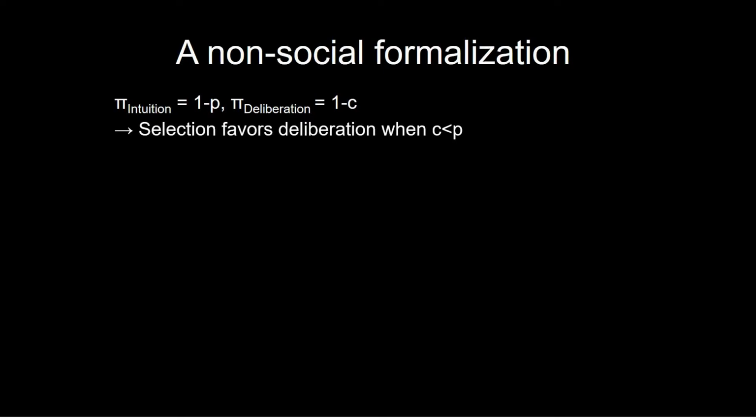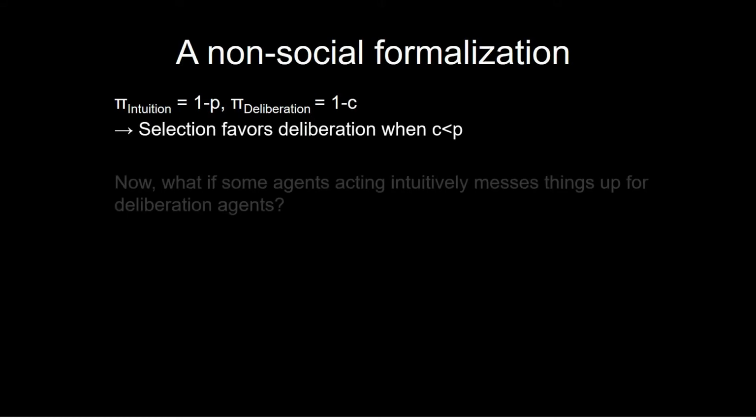It's a measure of how quickly things are changing. And so whether intuition or deliberation is going to be better depends on how volatile the environment is and how costly deliberating is. And as long as the costliness is lower than the volatility, then it's worth doing it. So that is just a super, super simple formalization of it.